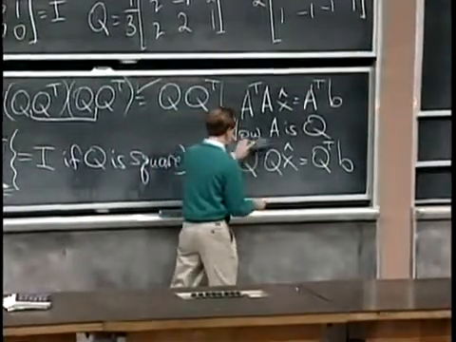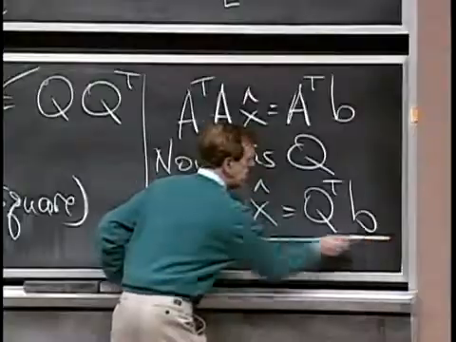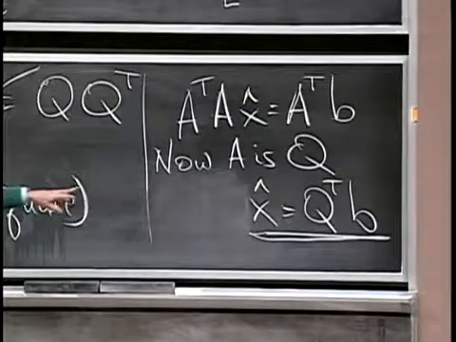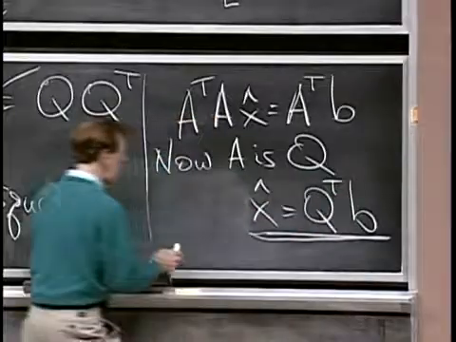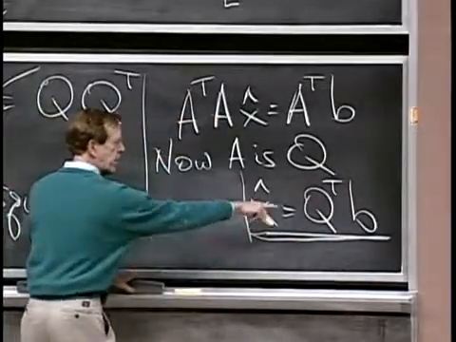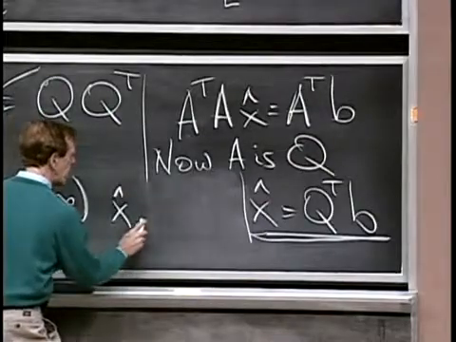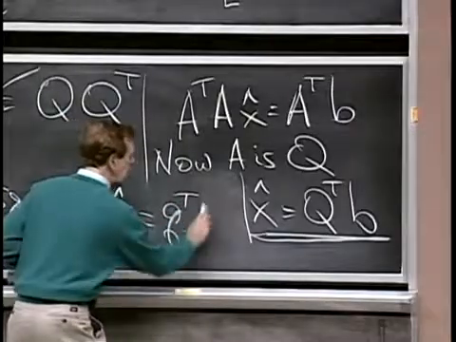This is the identity matrix. It's gone. And there's the answer. There's no inversion involved. Each component of x hat is a Q times B. What that equation is saying is that the ith component is the ith basis vector times B.